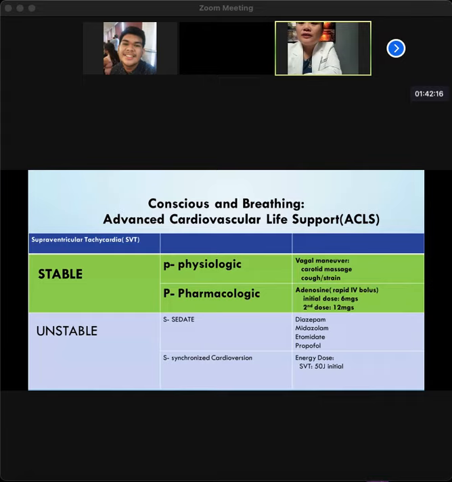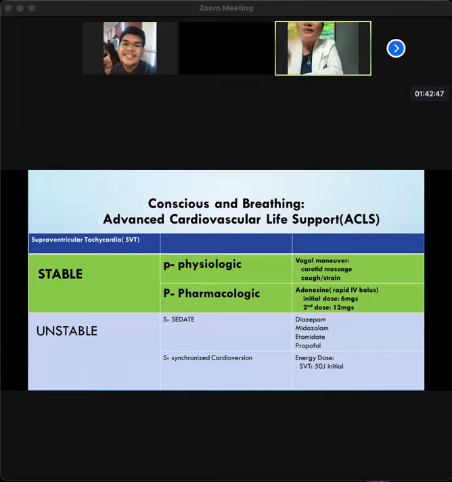Next one is, okay. So, let's go to the treatment of your SVT. So, you have to check first if the patient is stable or unstable. So, sabi natin, di ba, the normal BP is 90/60 and above. If lower than that, the patient is unstable. Okay, if the patient's BP is 89/59, then the patient is considered unstable.